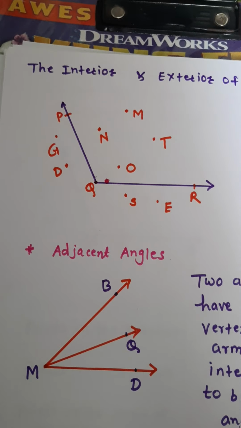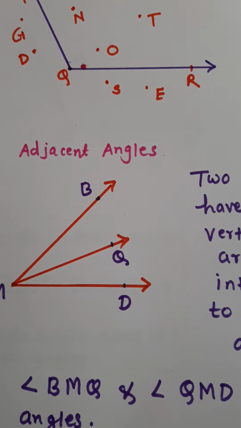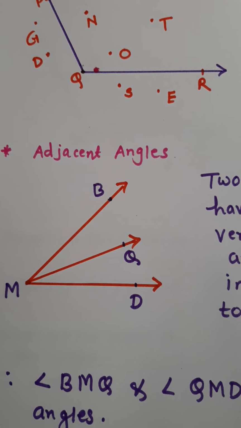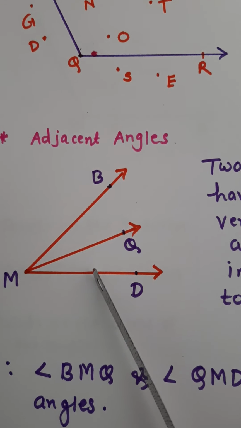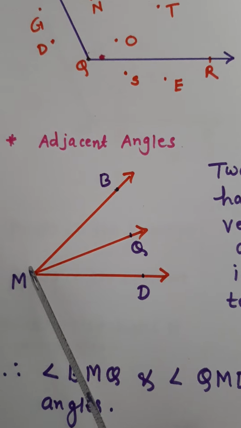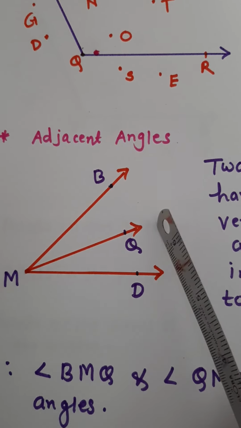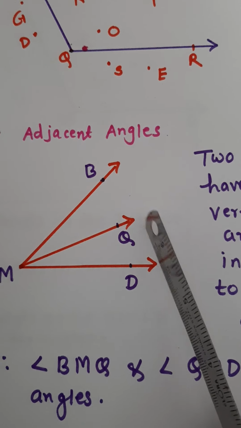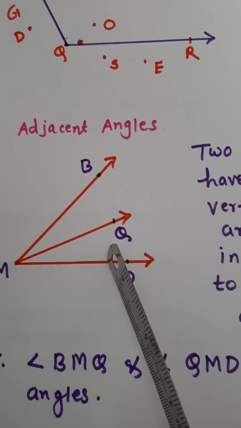Now the next term, what is meant by adjacent angles? Adjacent means neighbors. Very simple. Observe this figure, angle BMD, and here one ray is drawn, that is ray MQ. If you read these two angles, angle BMQ and angle QMD, observe what similarities you find.